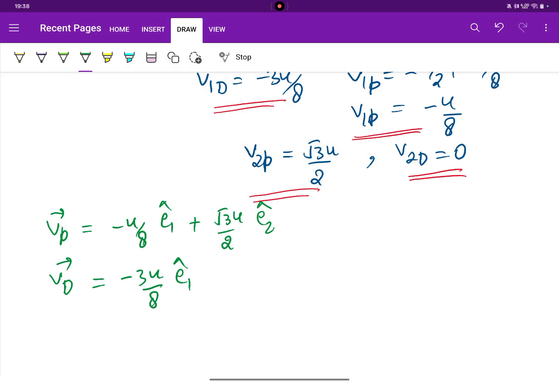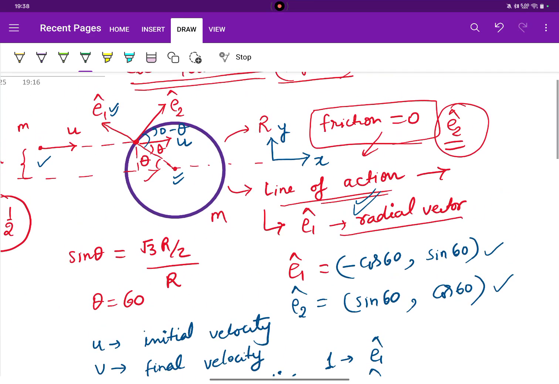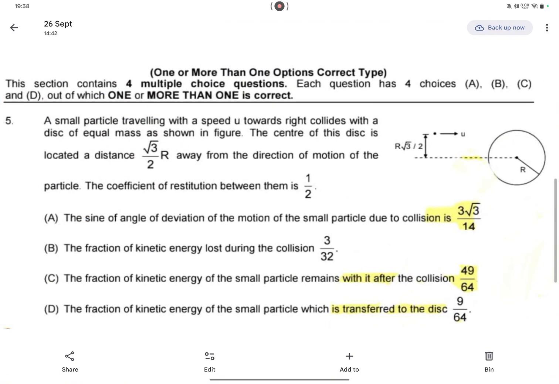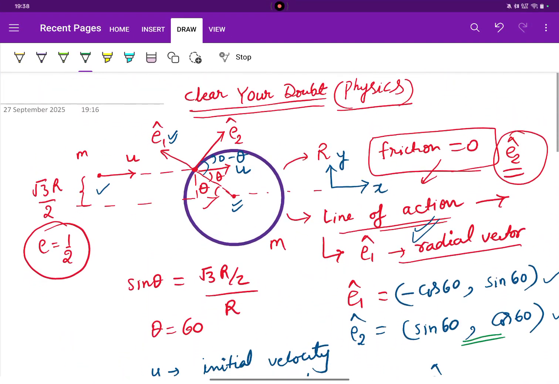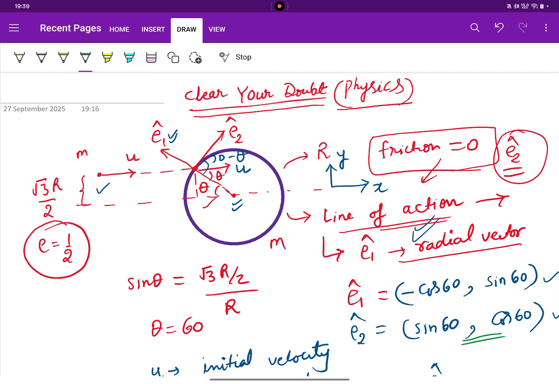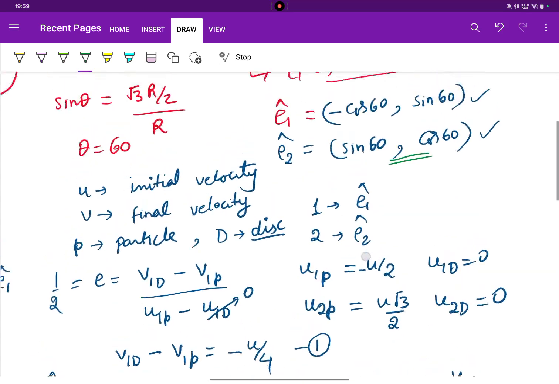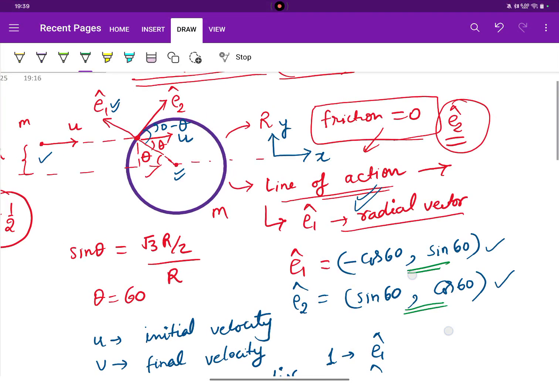Okay, now let's go back to that initial thing I told you, these unit vectors. Basically in your question, if I go to the first part, what is it saying? Sign of angle of deviation of the motion of the small particle due to collision. How will you find the angle of deviation of the small particle? Even if you find e1 and e2, you can only find it with respect to e1 and e2. So the easiest thing, this may look mathematically complicated, but the easiest thing is to come to x and y coordinates.